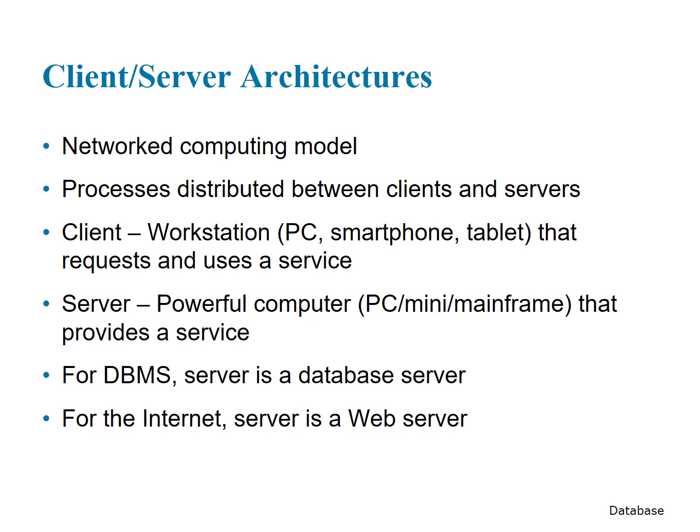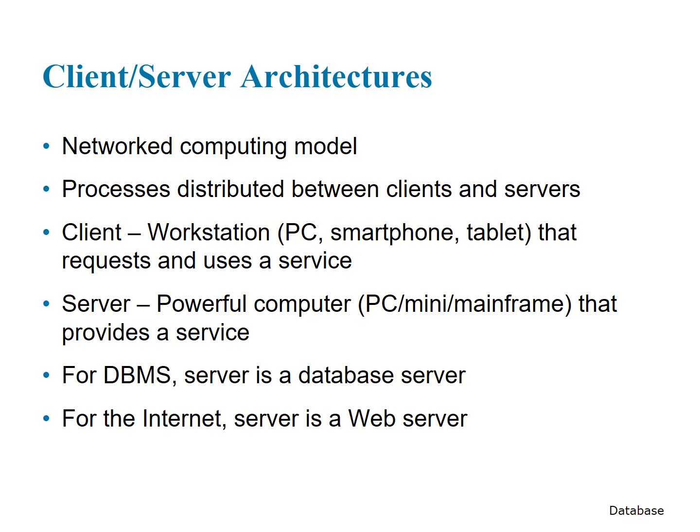Network client-server architecture is the network component model. Processes are distinguished between client and server. So the client is a workstation, personal computer, smartphone, or tablet that requests and uses a service.